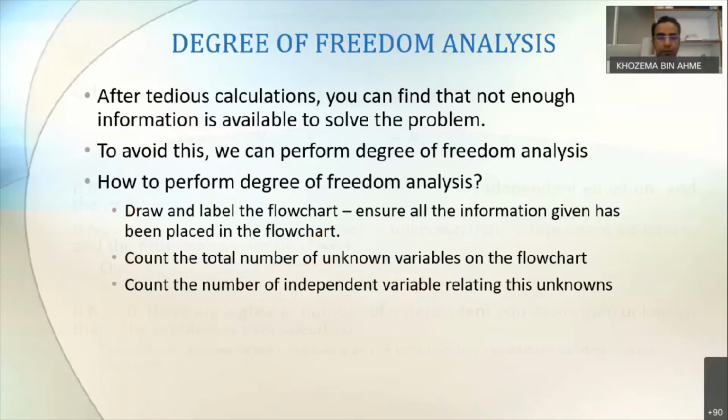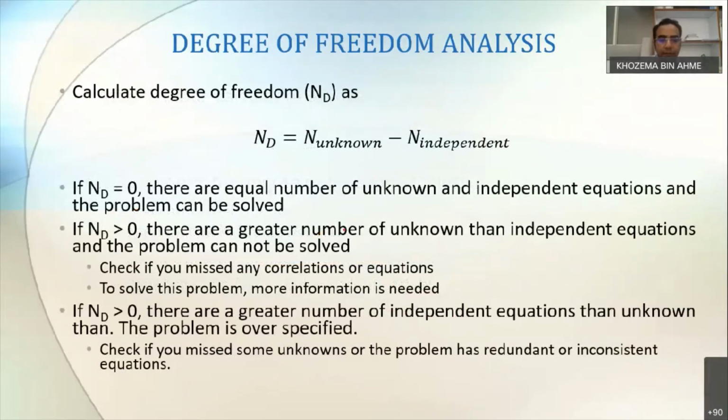For degree of freedom analysis, this is the formula. N_D is the degree of freedom, N unknown is the number of unknowns, and N independent is the number of independent equations you can make. If you have N_D equal to 0, there are equal numbers of unknowns and independent equations. For example, let's say I have 4 unknowns. In order for me to get N_D equal to 0, I have to have 4 independent equations, because 4 minus 4 is 0.